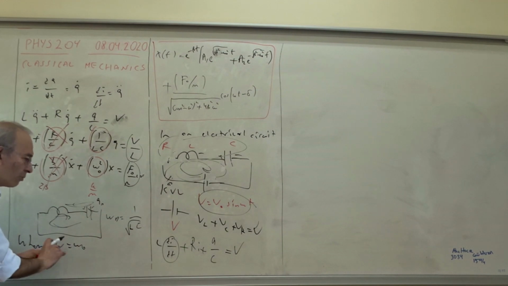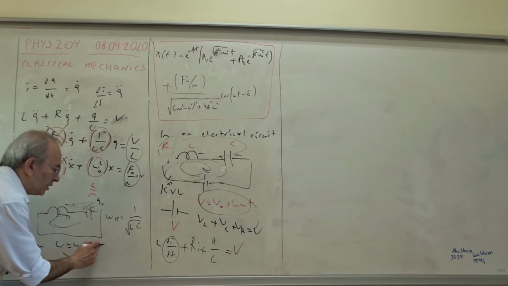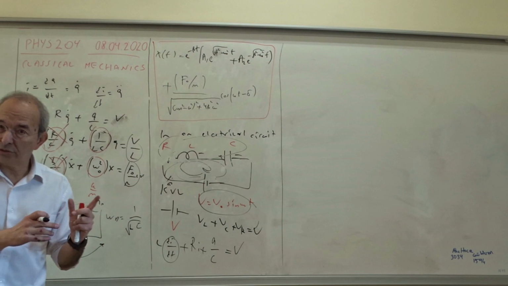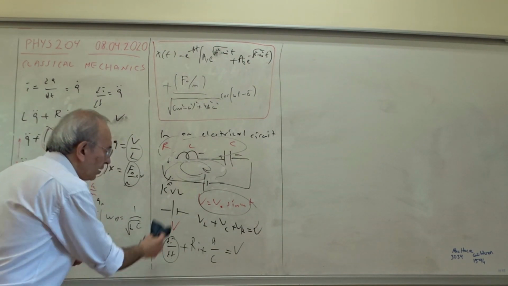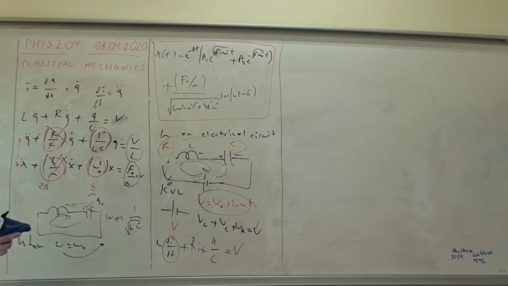But if you change this omega a little bit, then it can match with another radio station, for instance. This is the same idea. But we don't go into the details of electrical analysis.